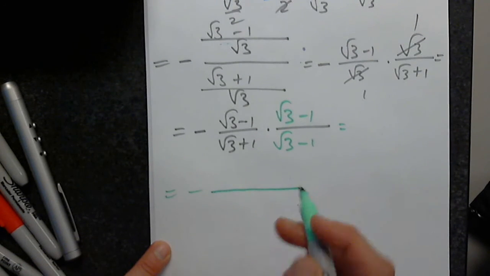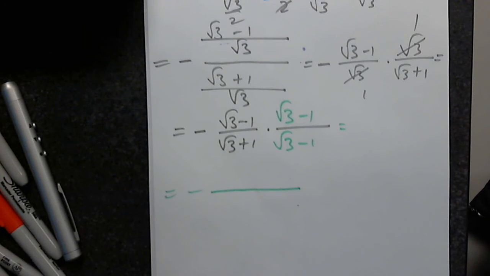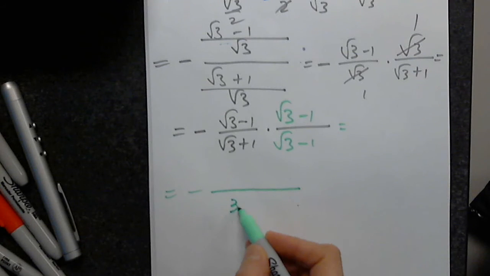Minus outside. The denominator, please. We have an agreement on the denominator. Do not FOIL, please. 3 minus 1. Perfect. The top. We have an agreement on the top. It's the square root of 3 minus 1, everything squared. How many terms will you give? A binomial squared is? Good.